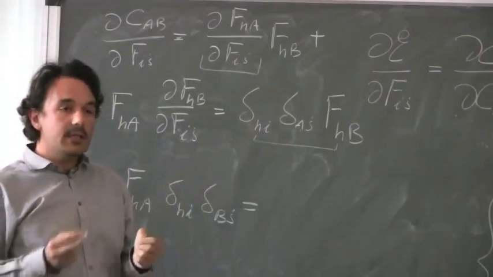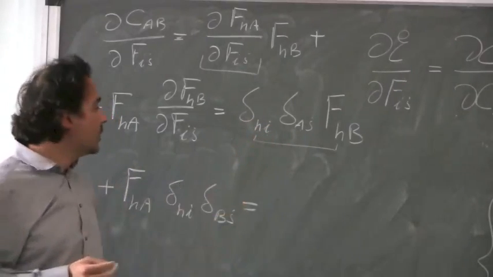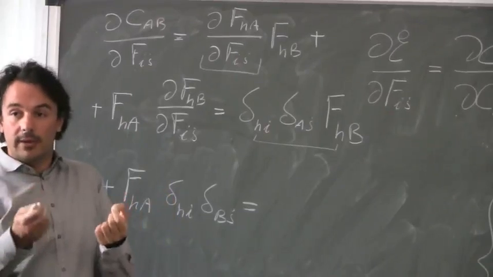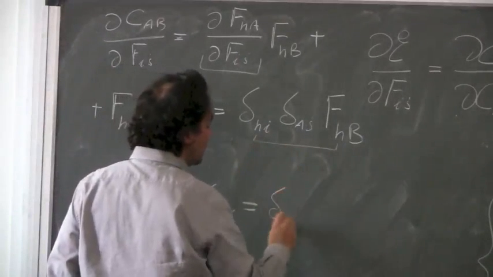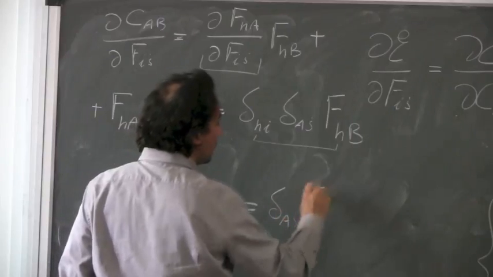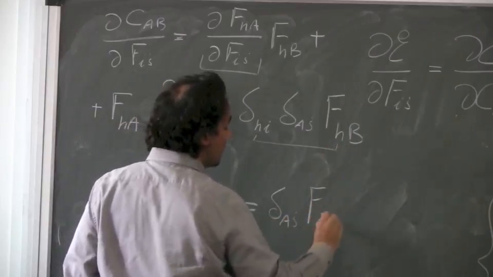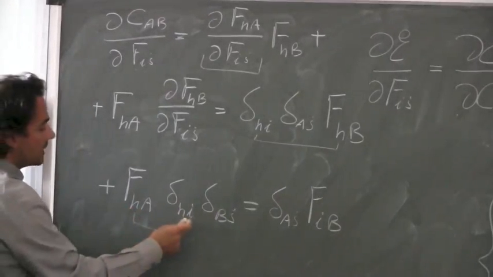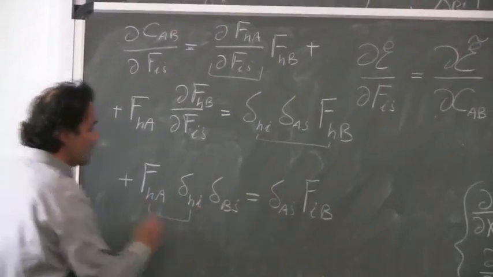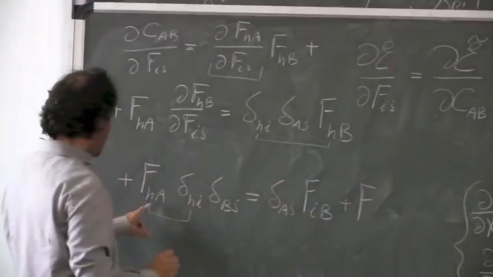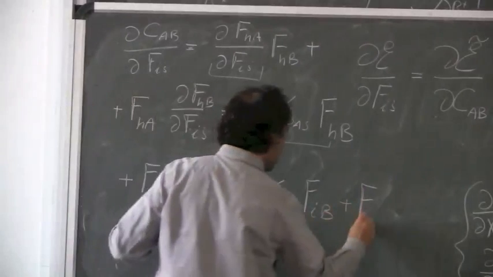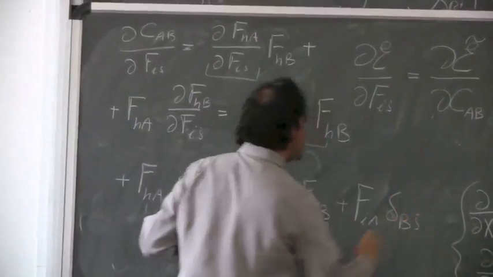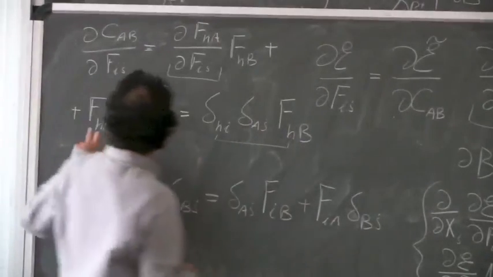But this sum is 0 when H is different from I. So the only index of H that survives is that index that is equal to I. So from this we have delta_AJ F, instead of H we write I B. And here the same, we have the sum over H, but the only symbol that survives is I. So plus F_IA multiplied delta_BJ. So this is this one.